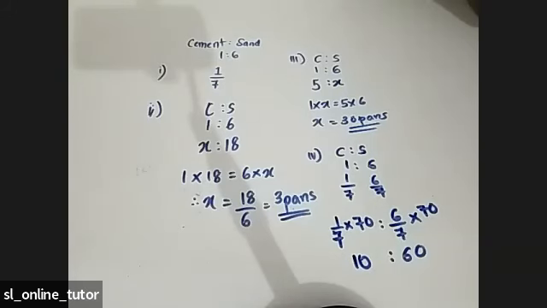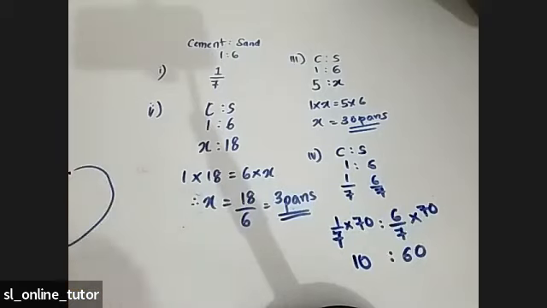Miss, can you explain the Roman number 4 once? Roman number 4 is saying, if you want to make a cement mixture, you need 1 pan of cement and 6 pans of sand. So they are asking if you need to make a mixture of cement of 70 pans. Now there is a mixture like this.